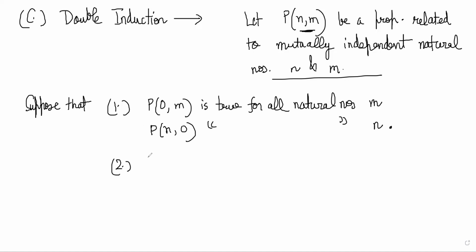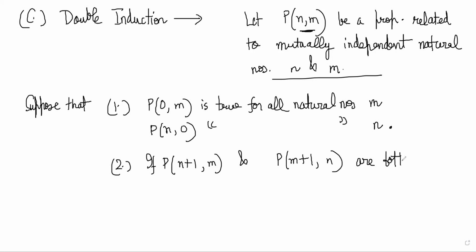And secondly, if P of n plus 1, m and P of m plus 1, n are both true, and that implies that P of n plus 1, m plus 1 is true.